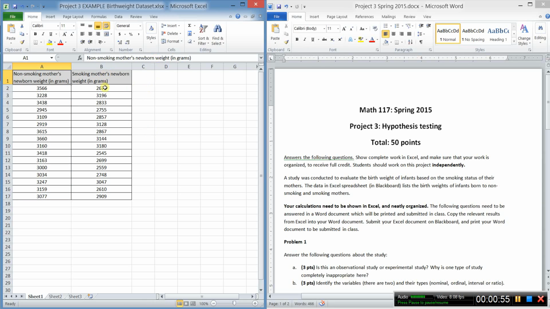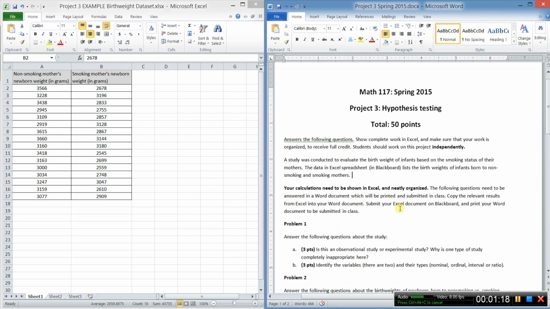So the idea is, you would maybe expect that the average weight in each of these groups may be different, right? If you smoke, at this point, it's pretty well established that smoking reduces newborn birth weight. Okay, so we'll be looking into this.